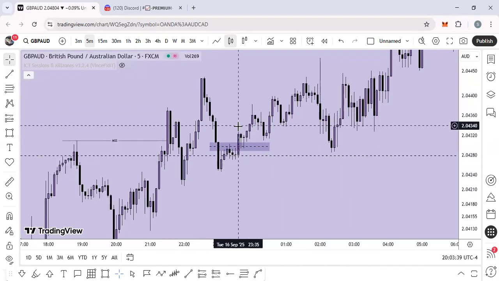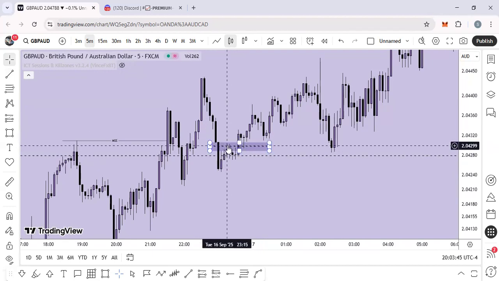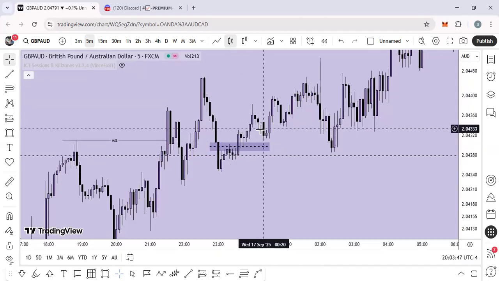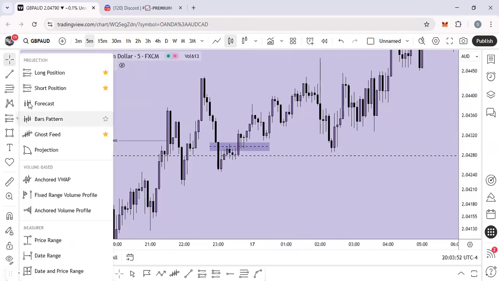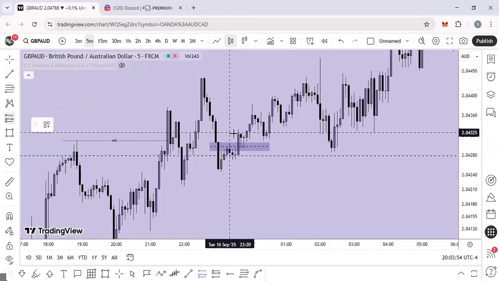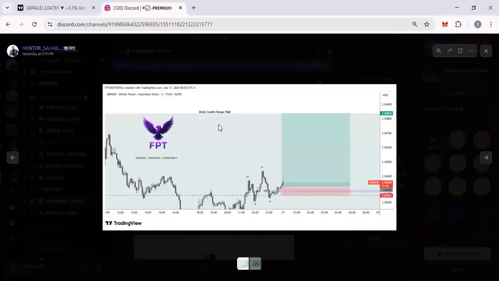Except, bam, change in state of delivery. Right, so this candle closed above it, and then that gave me the confirmation. I took it a couple candles above it. Right, I believe it.